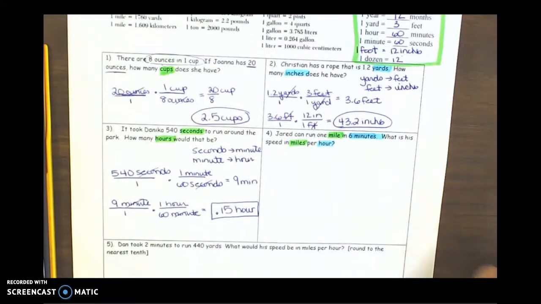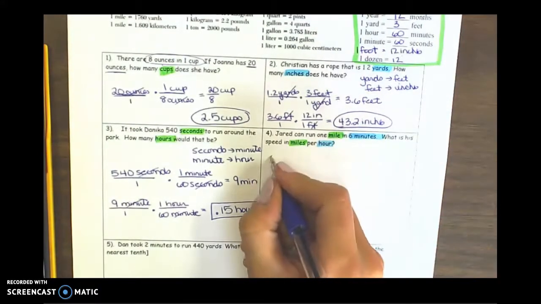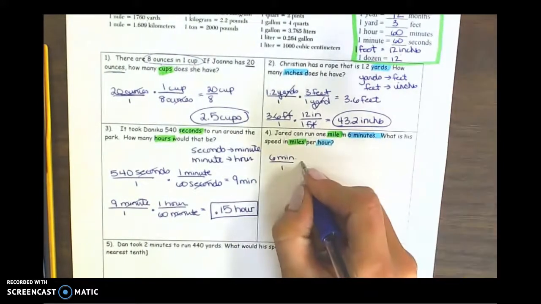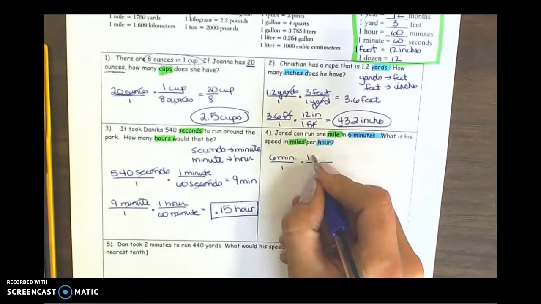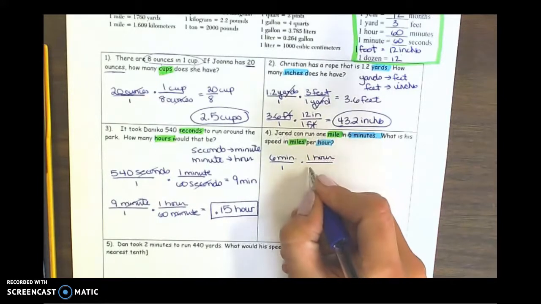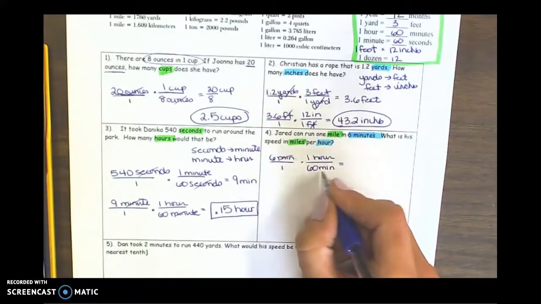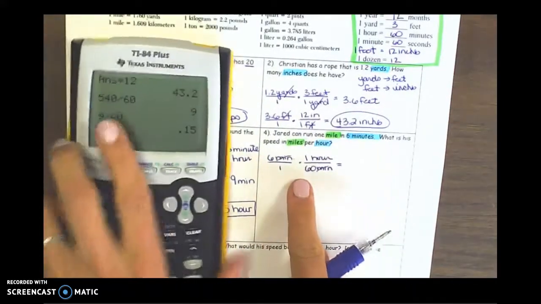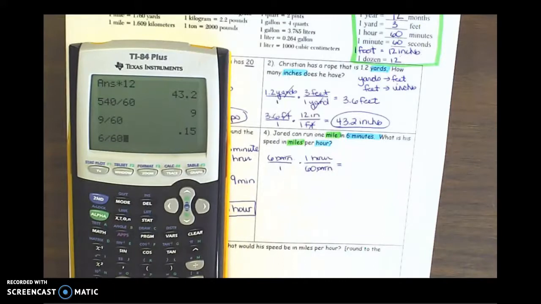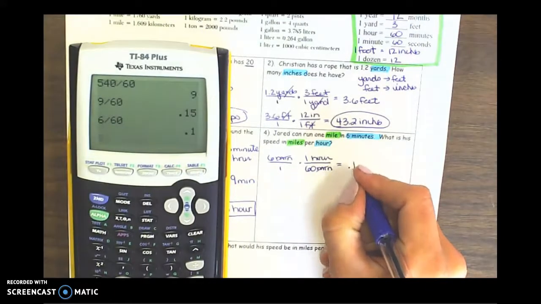So there's one conversion we have to do here. We have to change minutes into hours. So let's go ahead and we're going to do that first. So 6 minutes over 1 is what we're starting with. And we want to convert that into hours. So 1 hour and 60 minutes. Okay, so my minutes cancel. And then I have 6 divided by 60, and we get 0.1 hours.